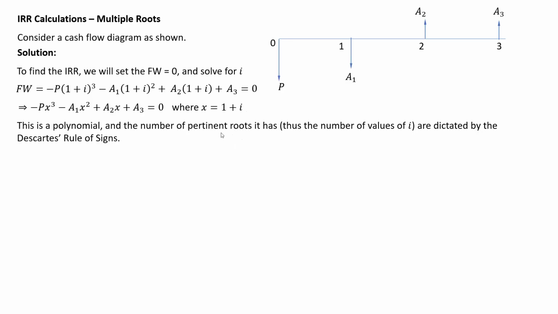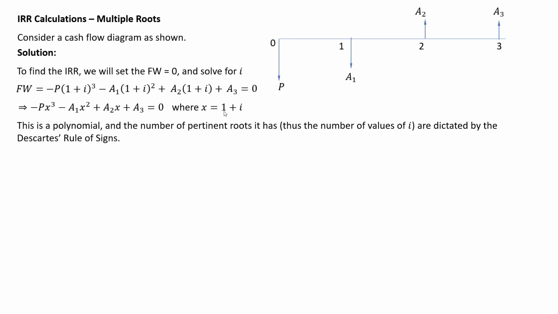So which ones are pertinent? The only pertinent values for x are positive real roots. And not only positive real roots, because we have expressed this in terms of x, where x is 1 plus i. What if x turns out to be, say, 0.5?